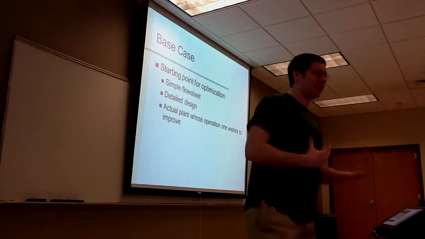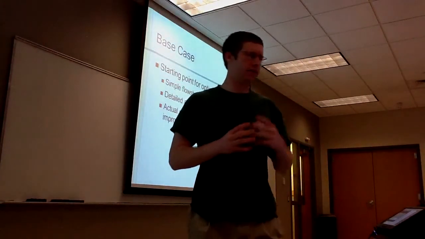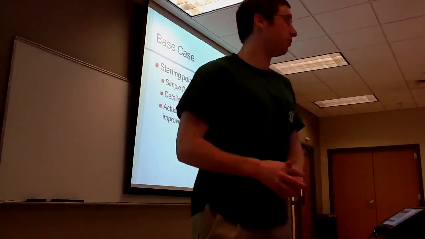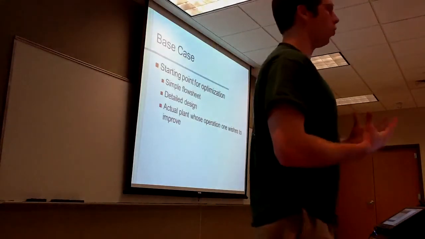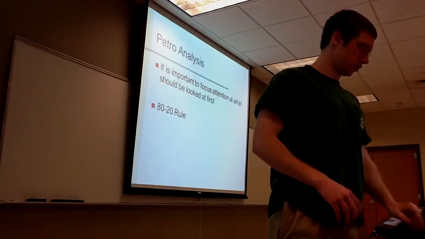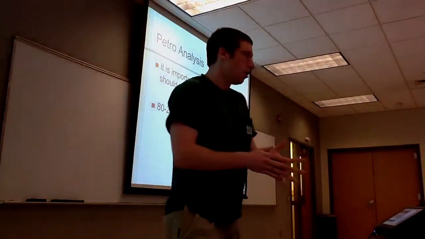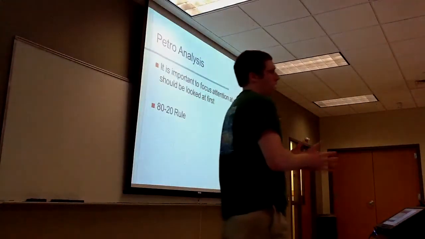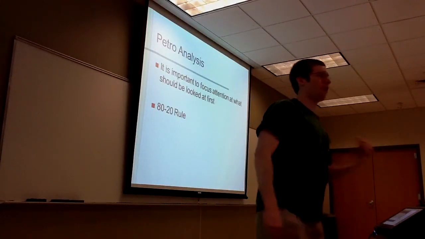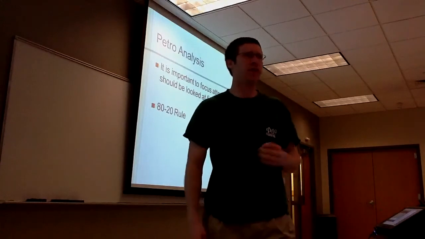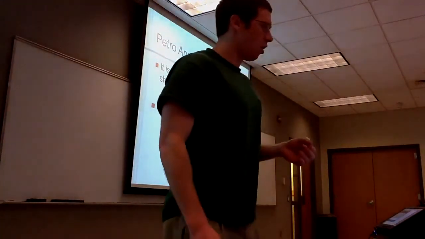Now, the base case is the starting point for optimization. In order to identify this, it's necessary to do a simple flow sheet, maybe a detailed design, and then an actual plan for what you want to improve overall. But the best way to analyze it is what's called a Pareto analysis, and that means that you need to focus your attention on what needs to be looked at first.